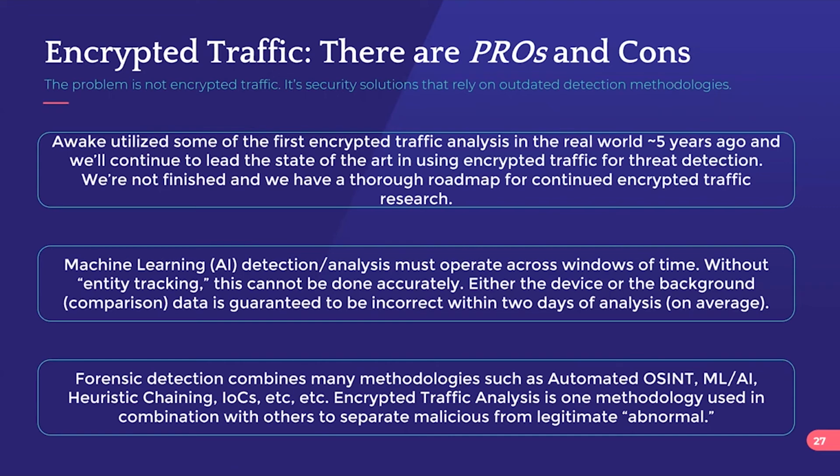It's one methodology that fits into a higher level strategic approach that we could refer to as forensic detection, which would be combining many methodologies. There's automated OSINT, and we have some presentations and information on what we refer to as AVA, the Awake Virtual Assistant, which is automating the analysis that an investigator may do on open source intelligence, and bringing that in to help make a decision about what is being examined.